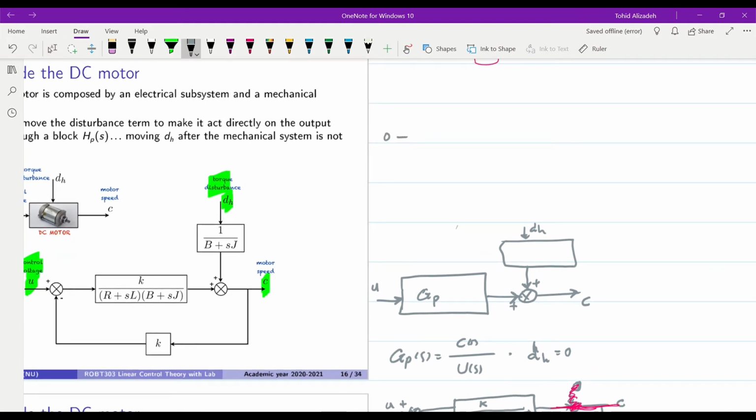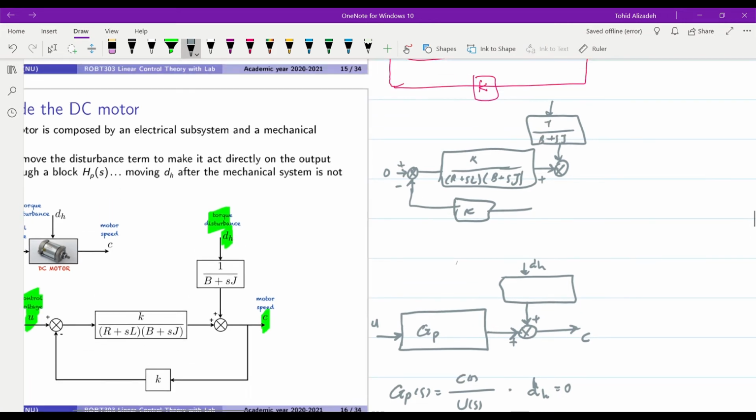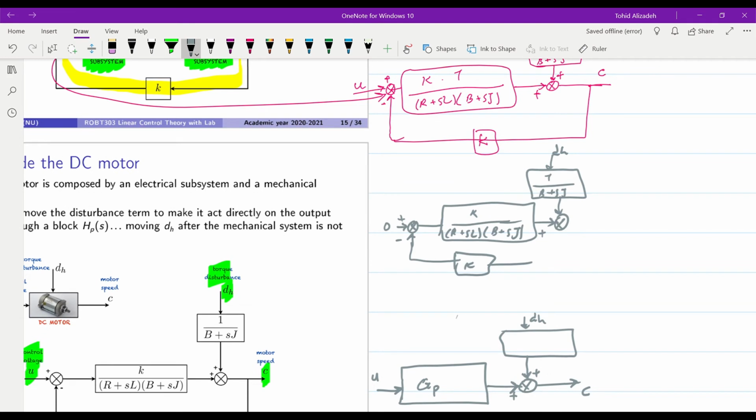We will have 0, K, K over (R plus SL)(B plus Sj), one over B plus Sj, and we have dH, the main input here, and this gives us the output C.